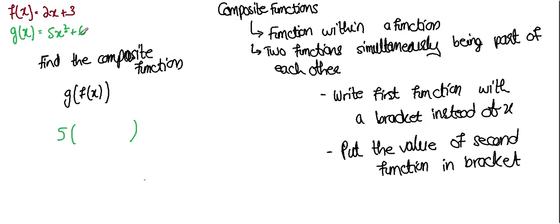Then we have a square here as well, plus 6, right? And within the bracket, we will have the value of the function of f, which is 2x plus 3. Now I want you all to evaluate this value, which means expand the bracket and find the total answer in the form of a quadratic equation. It will be a quadratic equation because the highest degree is 2.